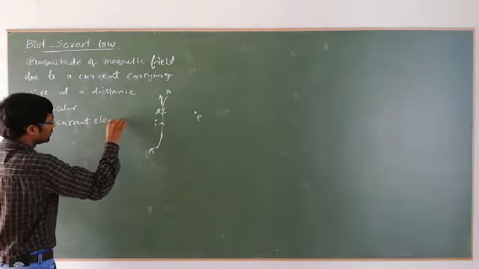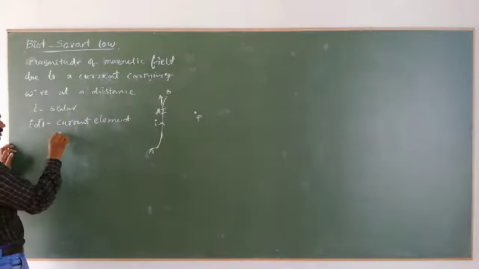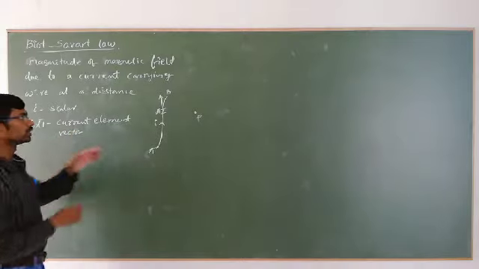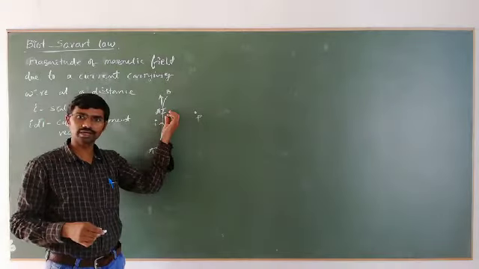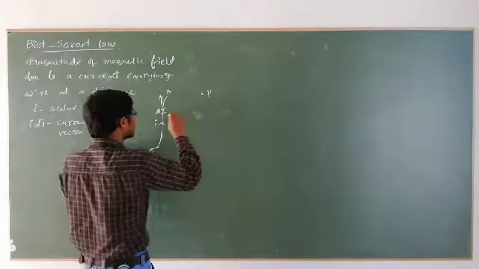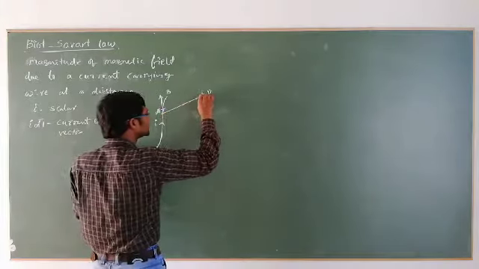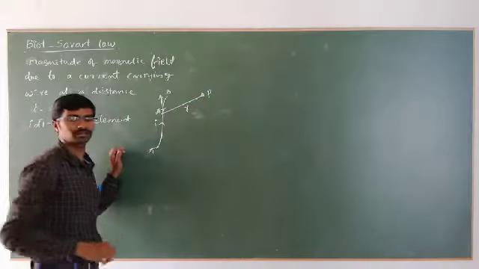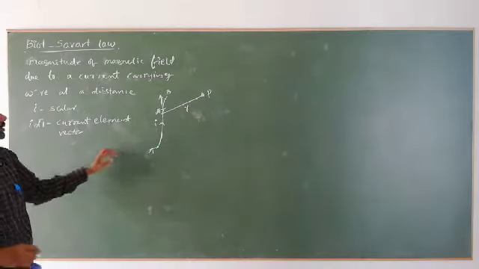Now we take the dl element of the wire. Due to this element, at this point P, which is at a distance r from dl, r is called the displacement vector.